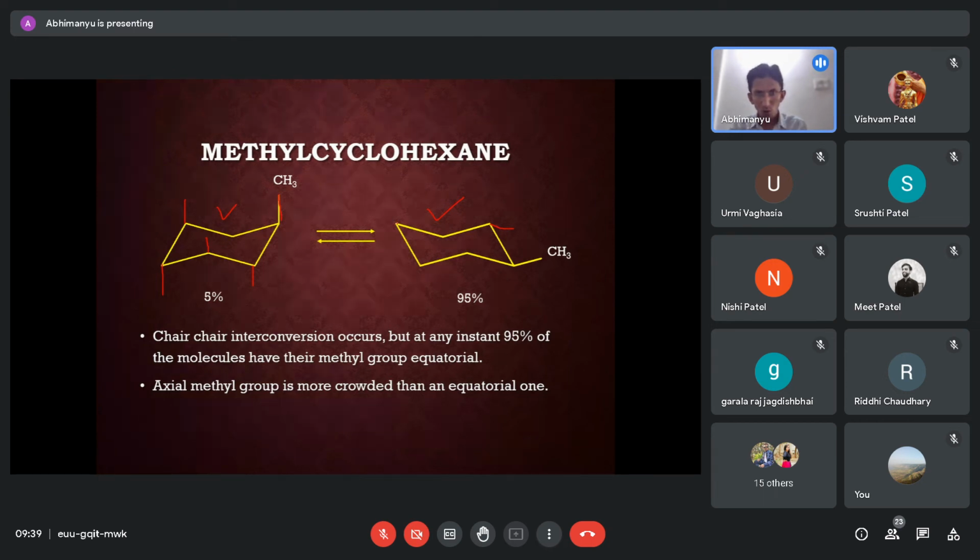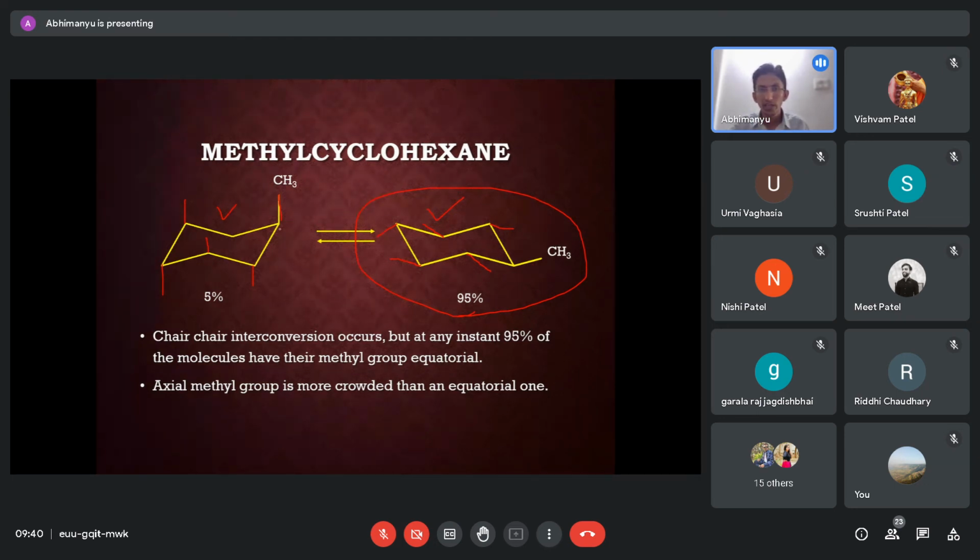Vertical bond is known as the axial bond. And this one in example number 2, આ જે આડા બોન્ડ હતા is known as the equatorial bond. Again I repeat, this one is known as the equatorial bond.